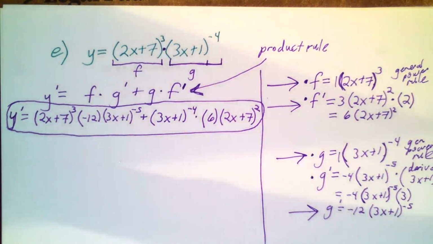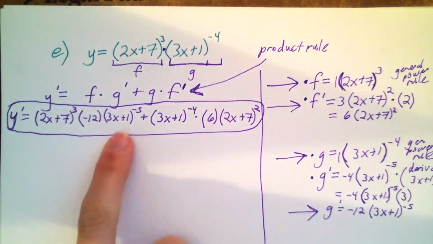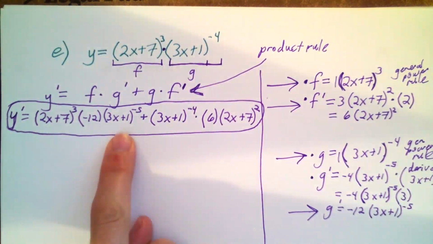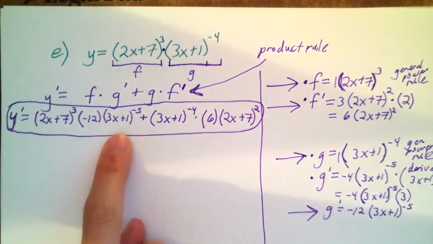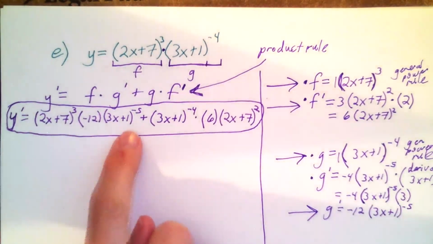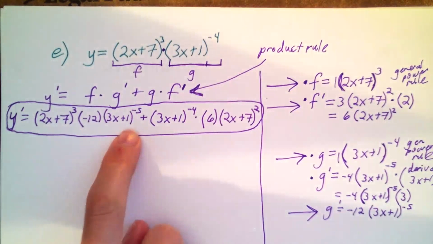But just for the sake of seeing it, let's pretend like I wanted to simplify this down because I'm about to set the derivative equal to 0. So yes, this is the derivative. Yes, this is good enough to stop if all we want is the derivative function. We're good to stop here.